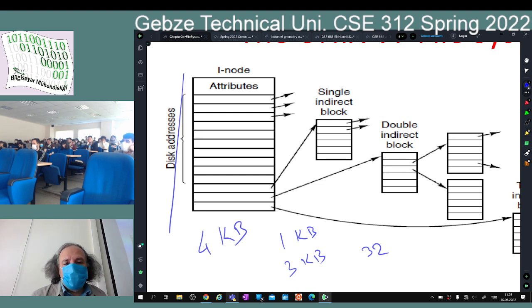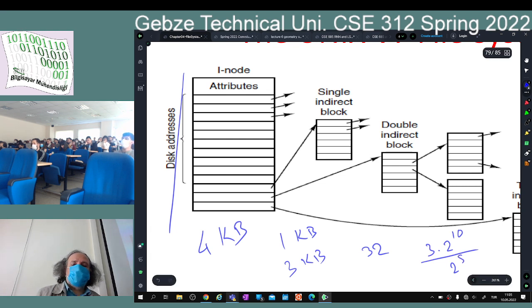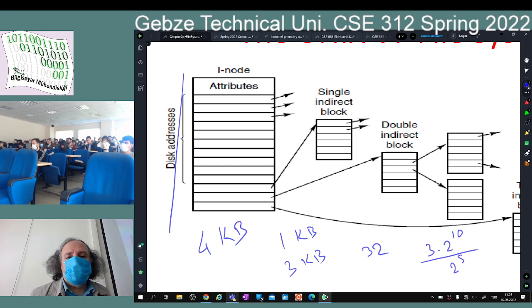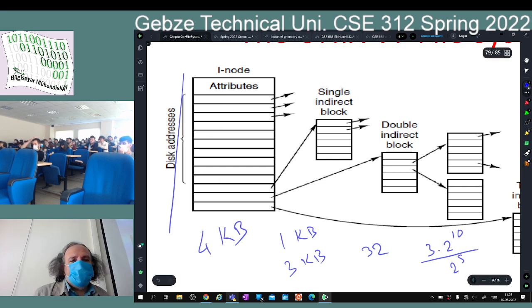I am going to do 3 times 2 to the 10 over 2 to the 2, right? 2 to the 8, yeah. So it's going to be 3 times 2 to the 8 entries inside this attribute.